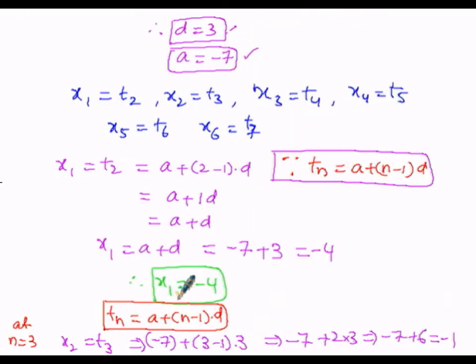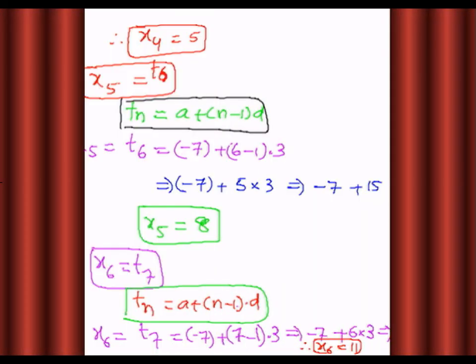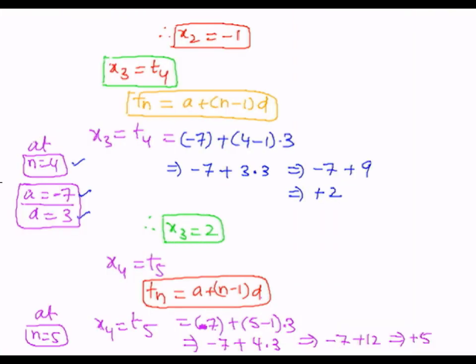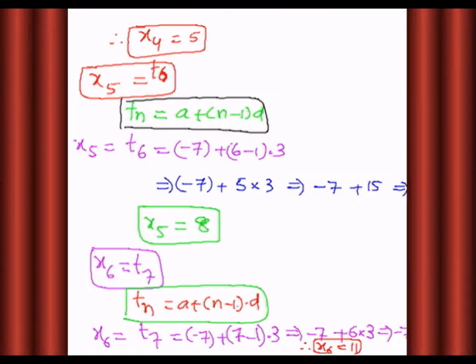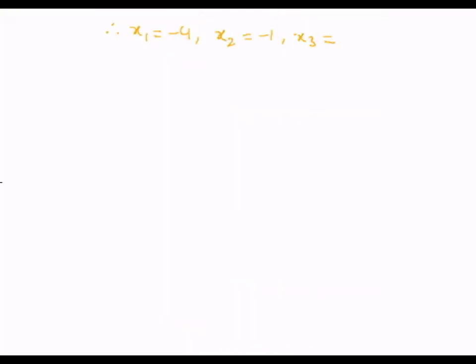So x1 is minus 4, x2 is minus 1, x3 is 2, and x4 is 5.